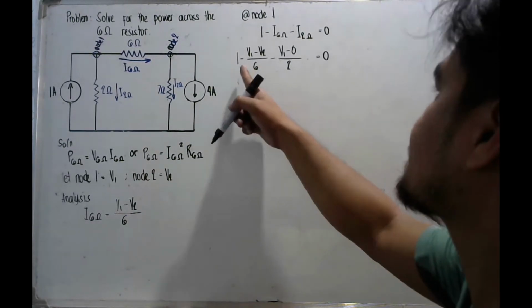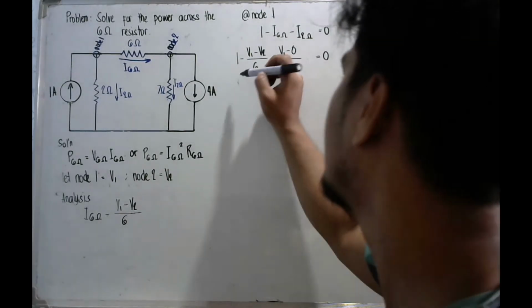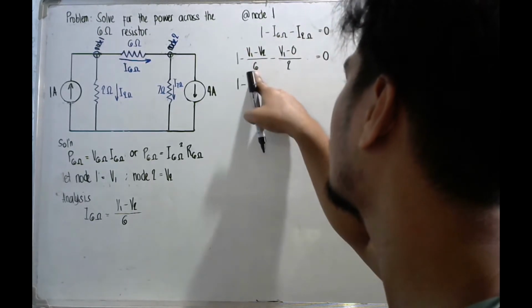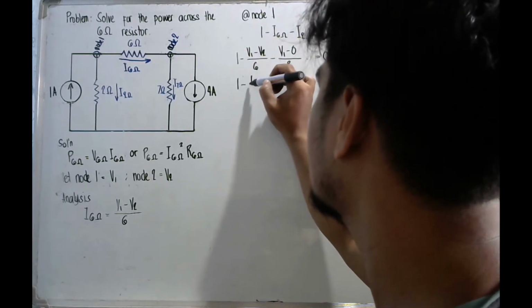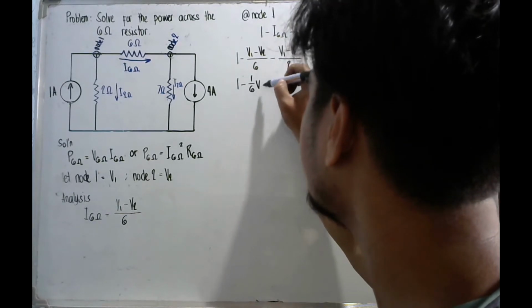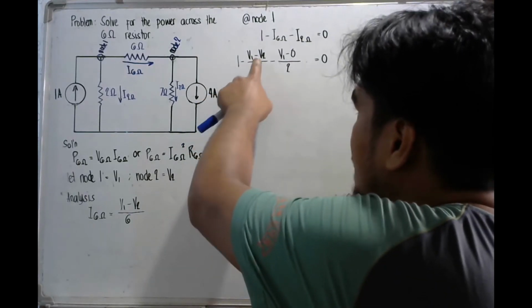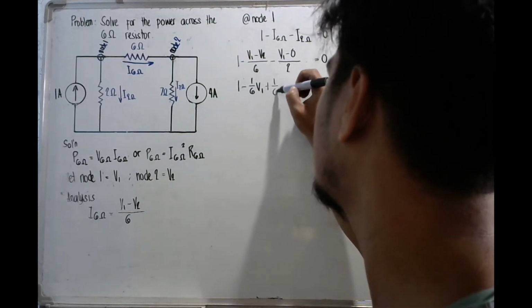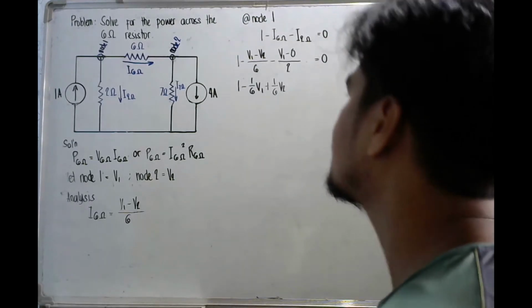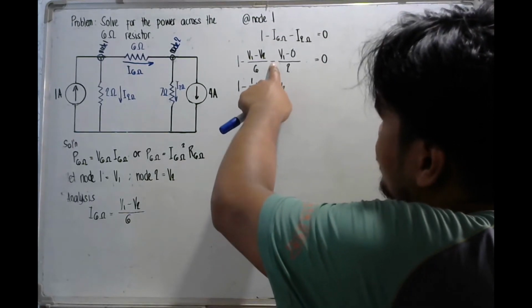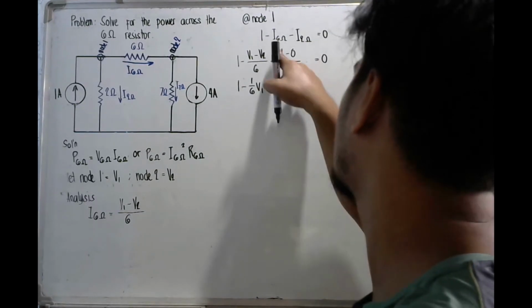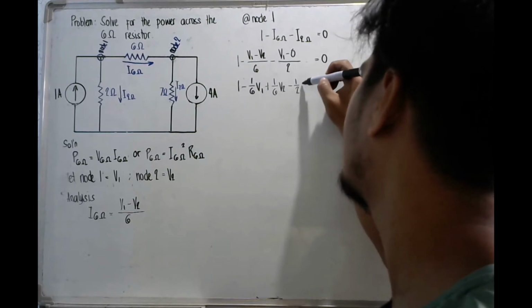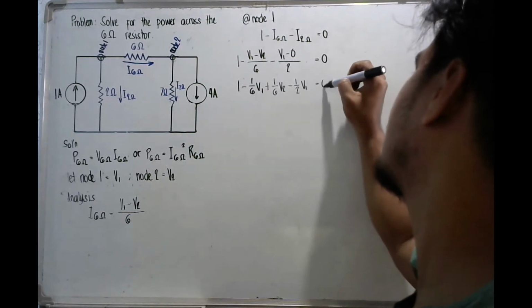Then you have to simplify the equation. So you have 1 minus negative 1/6 V1, you have negative times negative, so you have positive 1/6 V2, negative 1/2 V1 is equal to 0.